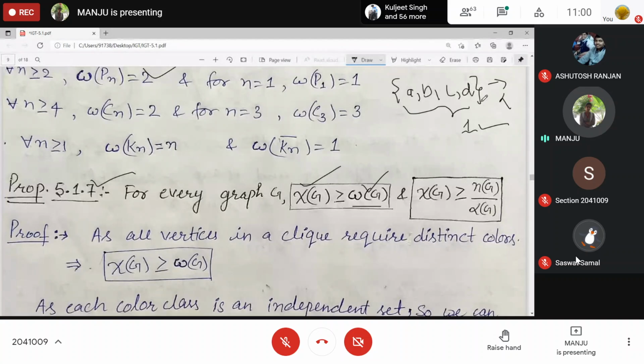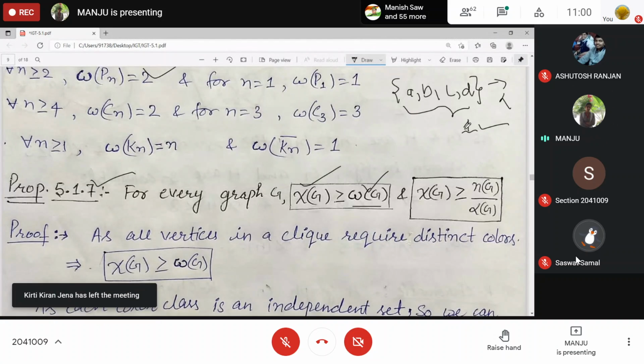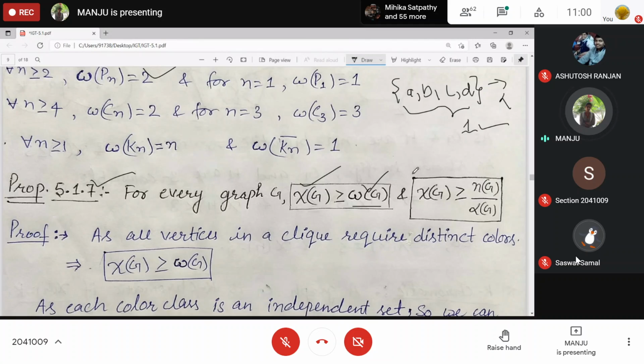Suppose there are 4 independent vertices at most. To color these, one color can be used. Minimum 1 color, maximum 4 colors. We want the minimum, since chromatic number is associated with the minimum number of colors, so we can use 1 color to color all these.